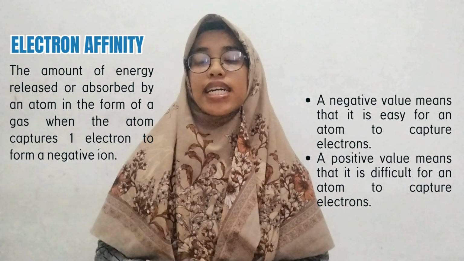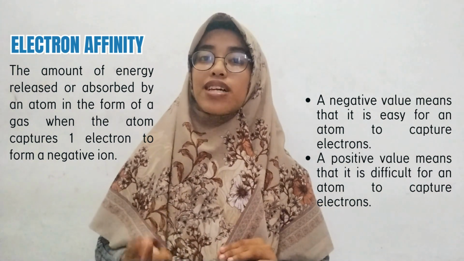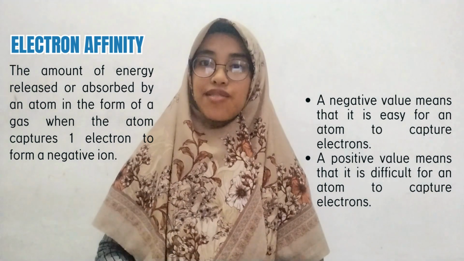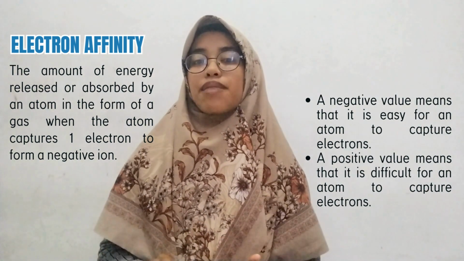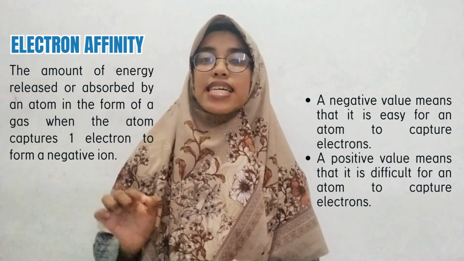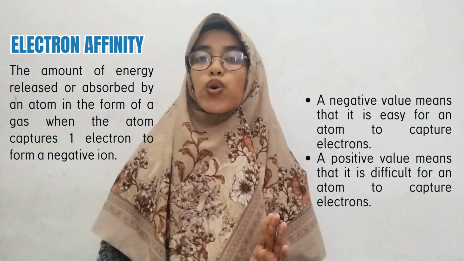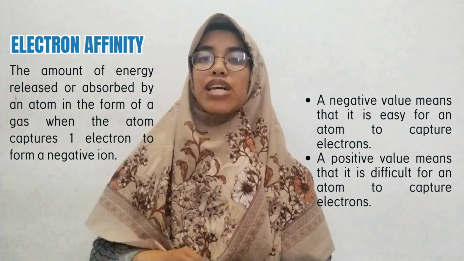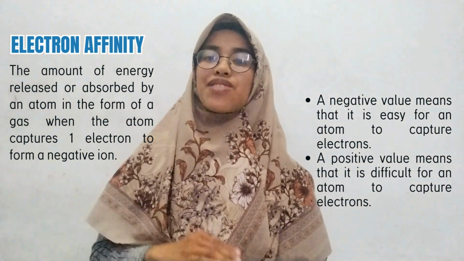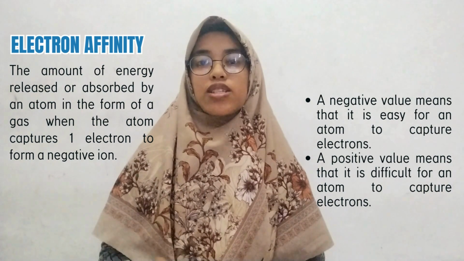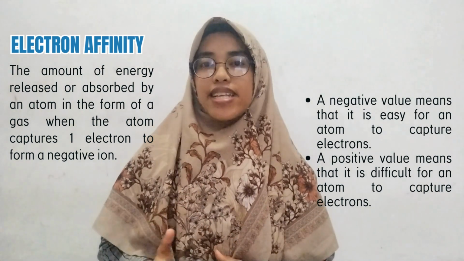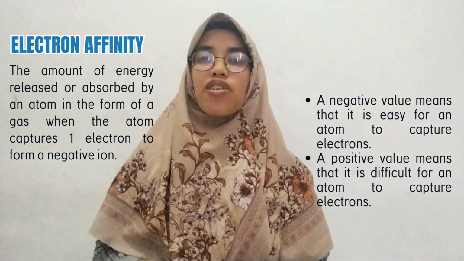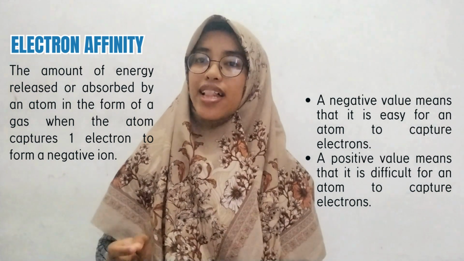So if the electron affinity value is negative, it means that it is easy for an atom to capture electrons. While if the electron affinity value is positive, it means that it is difficult for an atom to capture electrons.